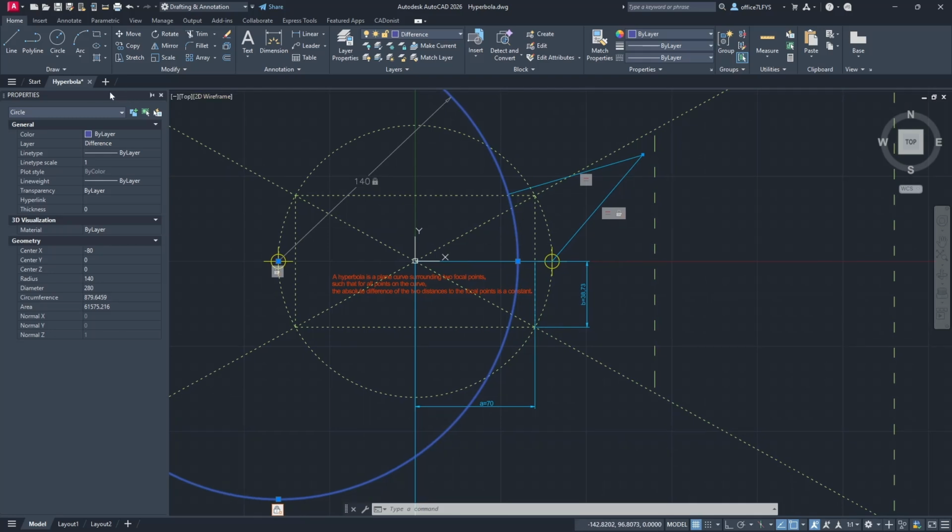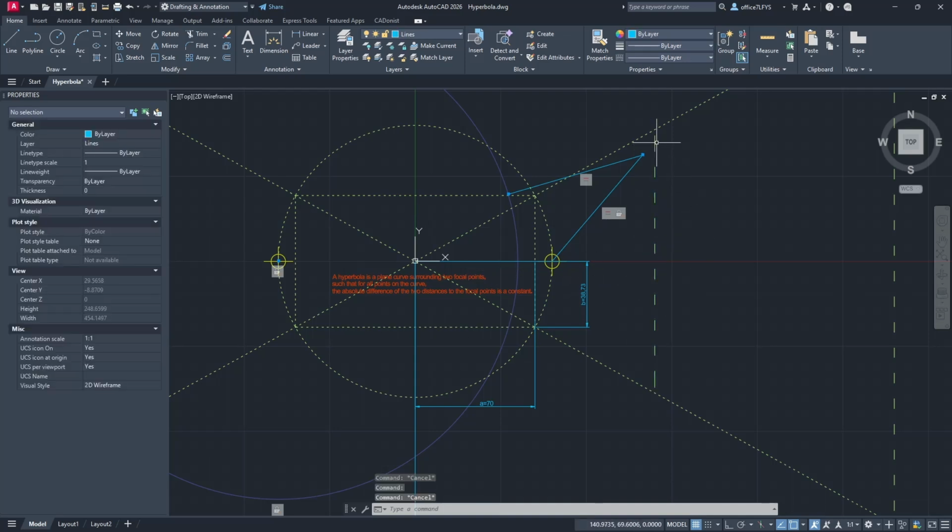You can check out our blog for the detailed calculations, but I'll give you the results. On this line, which is 2a units away from the center, as you can see in properties, it is 140 along the x-axis, we need to place 2 points.